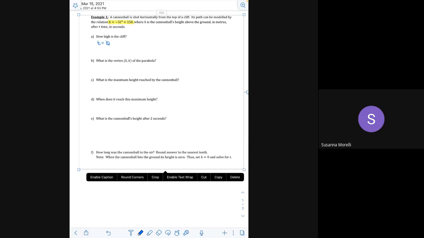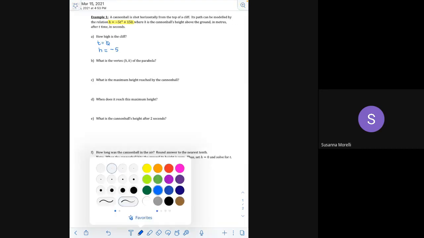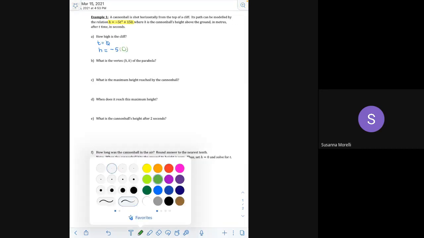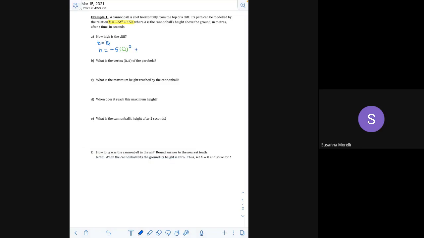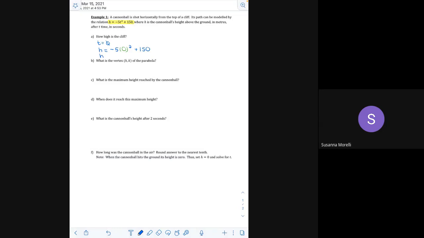So h is equal to -5, and then we plugged in 0 for t, plus 150. Okay. And now we're just going to do some number crunching there. So 0 squared is 0. So -5 times 0 is 0. So h is equal to 150.